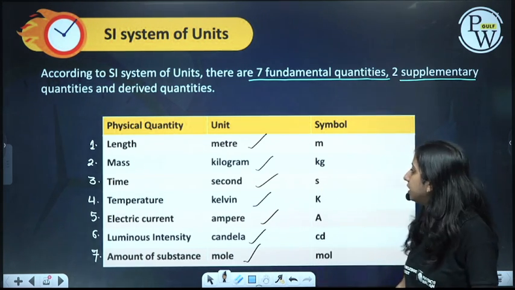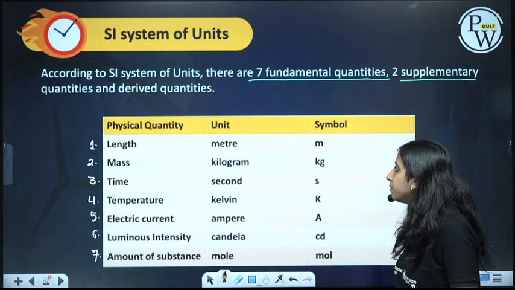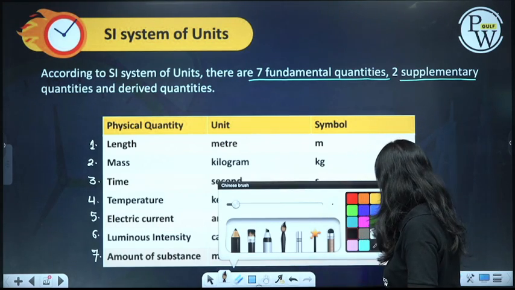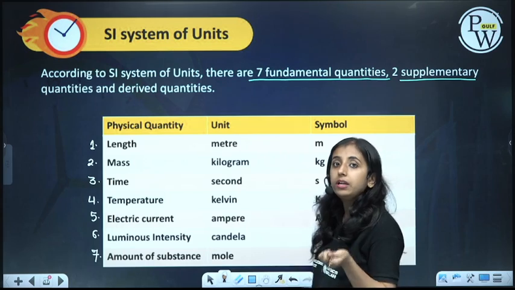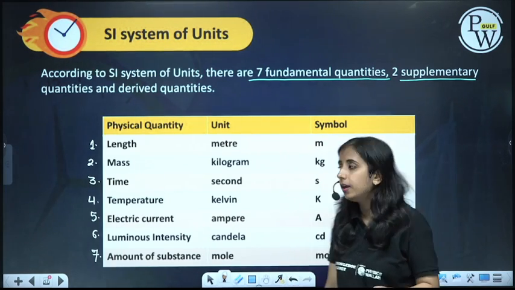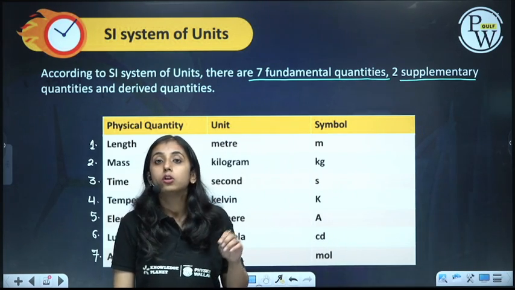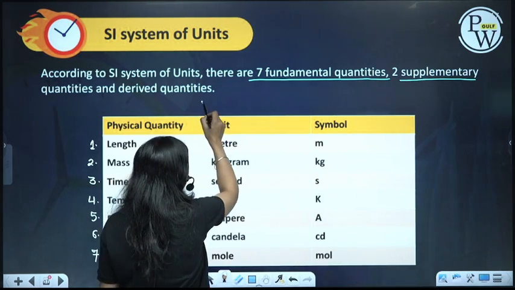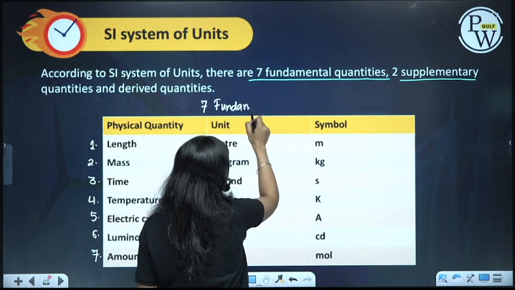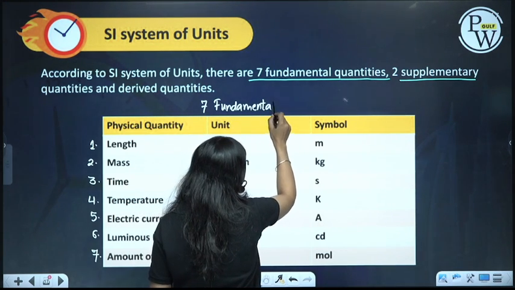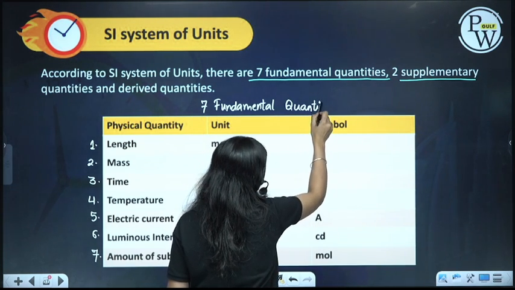So these are the units used to measure the seven fundamental quantities: meter, kilogram, second, Kelvin, ampere, candela and mole. These are their symbols. These are the seven fundamental quantities and their units in the SI system.